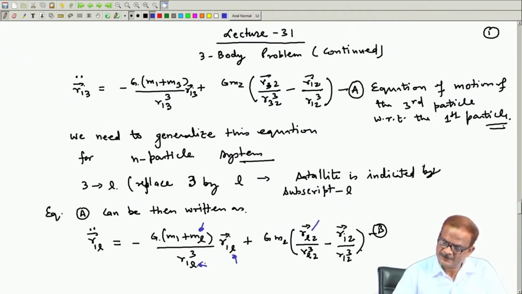So, 3 is replaced by L in all the places.